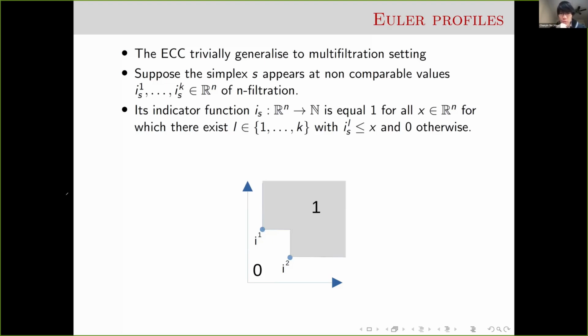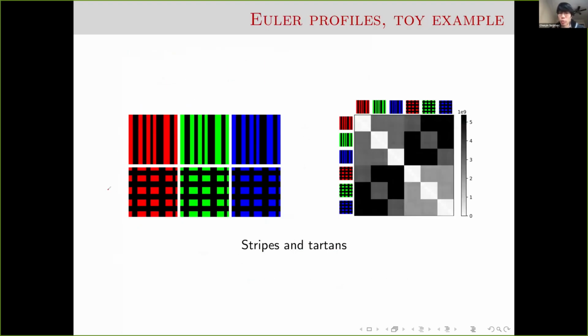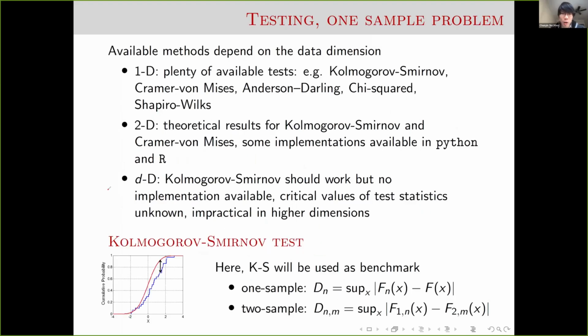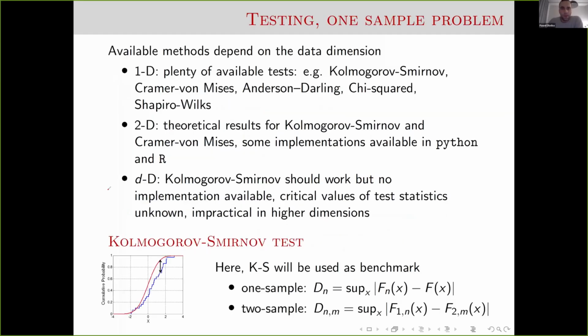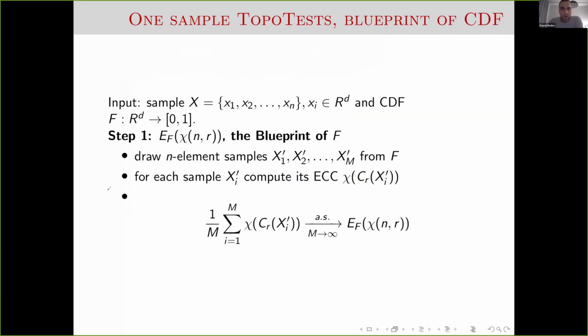I have two questions. In your topo tests, could you clarify what your null hypothesis is? Is it just that the two samples have the same distribution, or that the distributions have the same topology, whatever that means? Yeah. If you want to be totally rigorous, we are testing if they have the same Euler characteristics. So this is the null hypothesis.